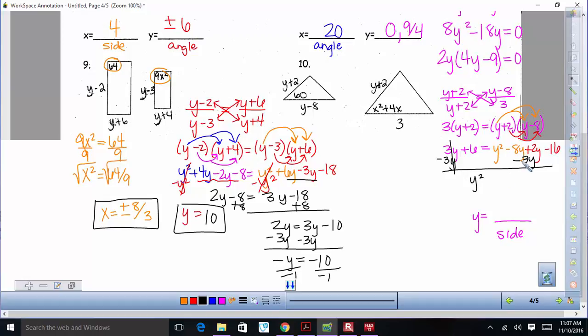I have a negative 8, negative 3, positive 2. That's going to give me a negative 9y. And then I also have to subtract 6 and move that over so that it cancels out here. And what's a negative 16 and a negative 6? A negative 22.